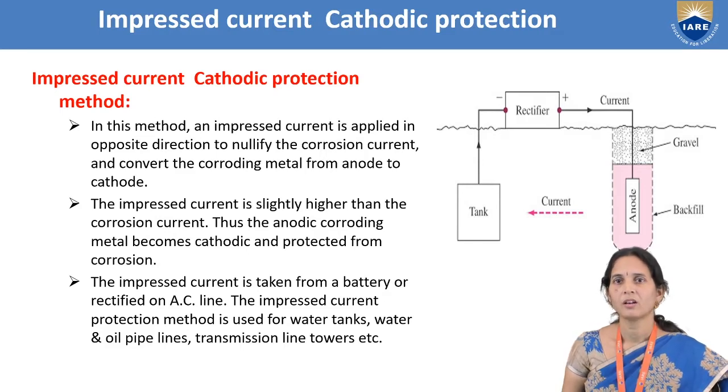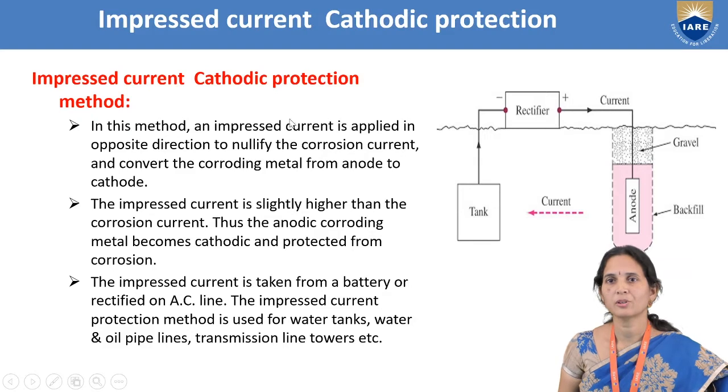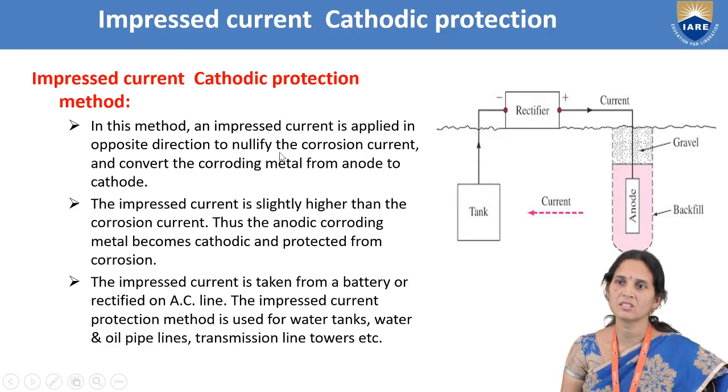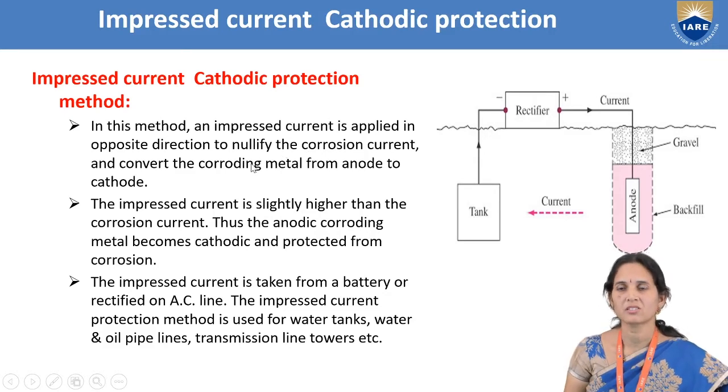Now, the impressed current cathodic protection method. In this method, an impressed current is applied in the opposite direction to nullify the corrosion current.